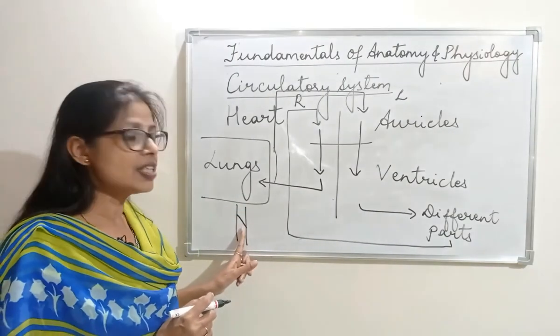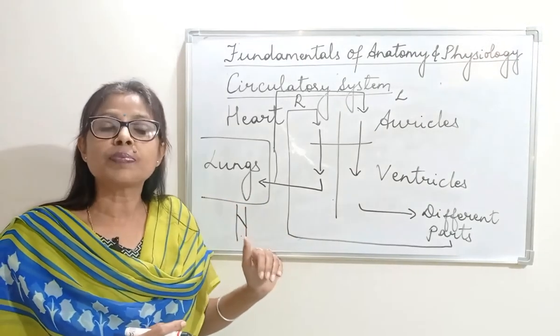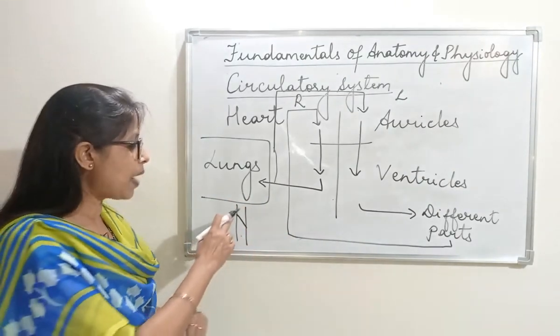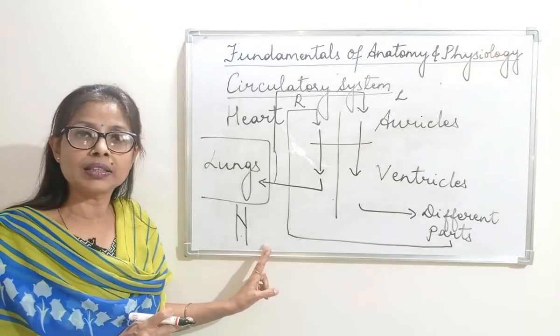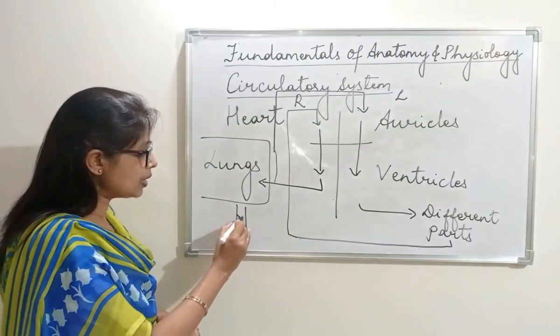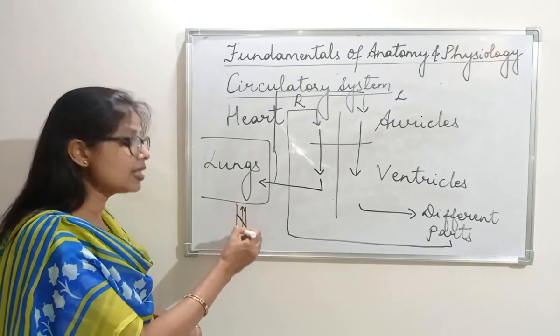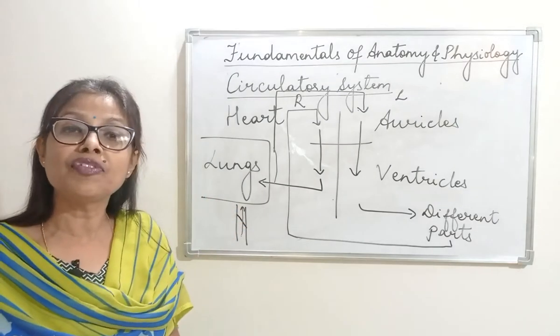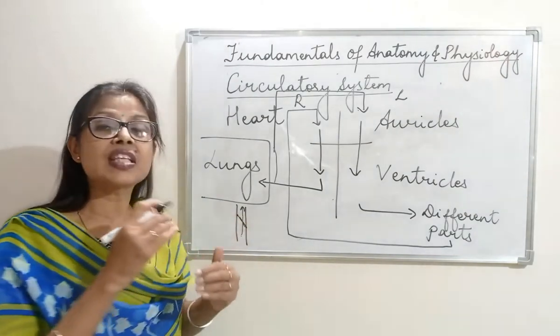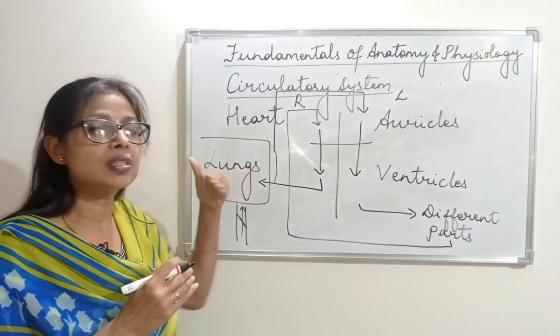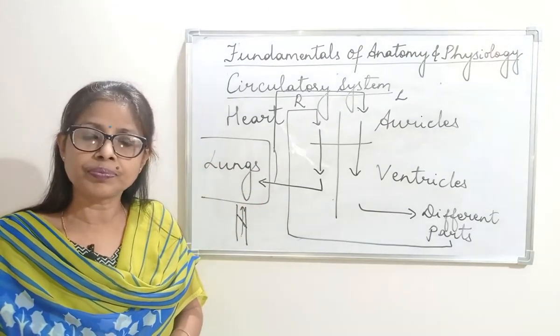This valve is actually used by the vein to avoid the backflow of blood. Since veins carry impure blood, if this impure blood has gone this way and again it is coming back, it can be fatal for the human body. So there is a valve. Valve is a gate. Once it goes, the gate closes.